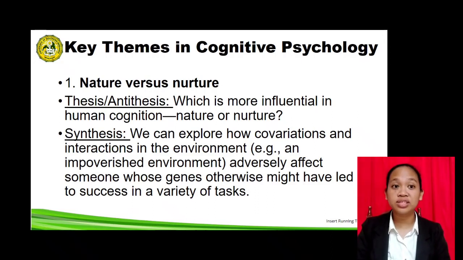So synthesis, it resolves the opposition between the thesis and antithesis. So, synthesis, we can explore how cooperations and interactions in the environment, for example, an impoverished environment, adversely affects someone whose genes otherwise might have led to success in a variety of tasks.